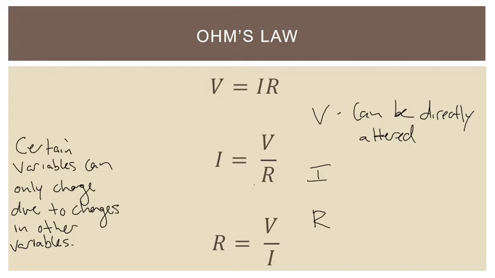Now, the resistance in the circuit is set by the resistor. So unless you change the resistor in the circuit, which is not going to happen if you just turn the voltage knob, that means the resistance in the circuit is going to be constant. So the resistance we'll say is set by the resistor. And so this won't change.